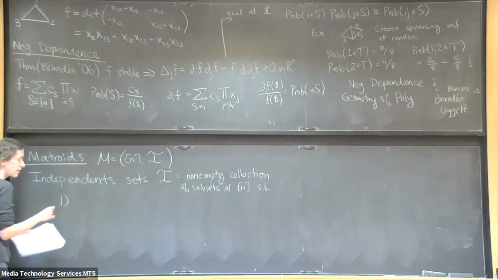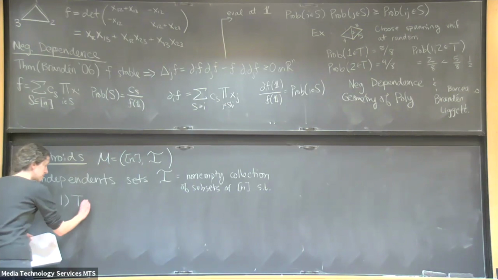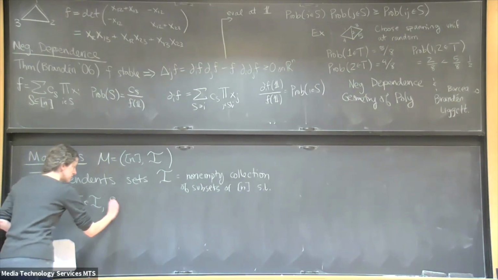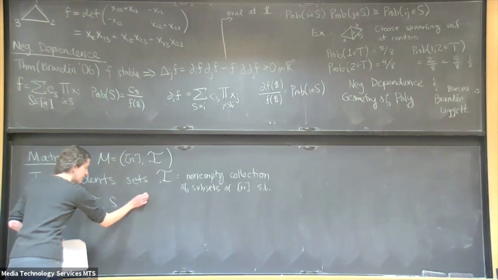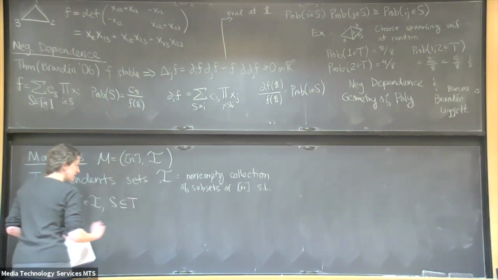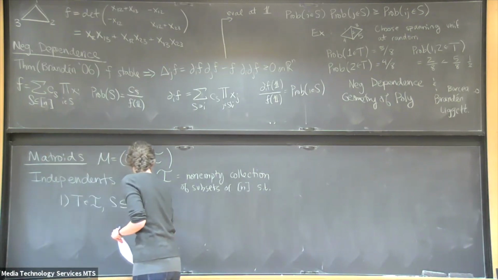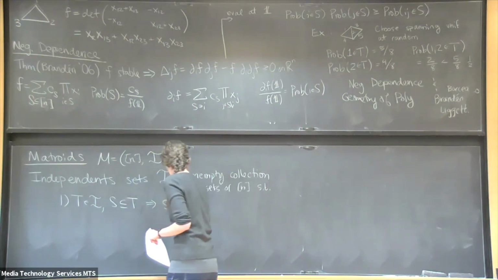One is it's closed under containment: if I have a subset that's independent, then any subset of it should also be called independent.